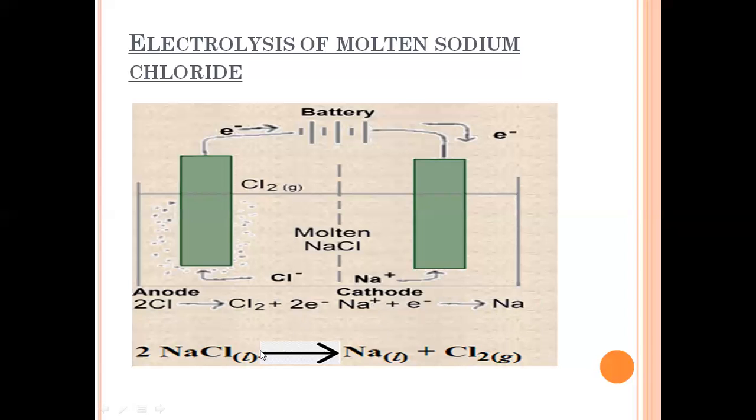So the overall reaction in this liquid is sodium chloride in the form of liquid dissolves and breaks down into ions. Then sodium in the form of liquid is present in this tank and chlorine becomes a gas after electrolysis, after passing the electricity through this cell.